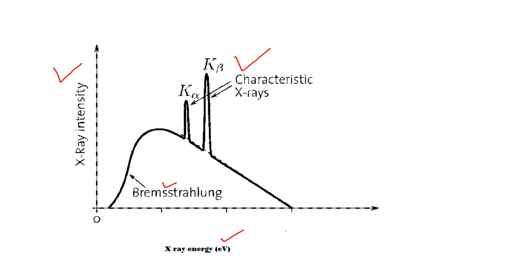For the characteristic X-rays, there will be peaks, that is the K alpha peak, K beta peak, and for the continuous X-rays, there will be a continuous graph. This is our continuous graph, and this is the position of lambda minimum. I discussed this in the last lecture, please refer to that lecture. So this is the graph between X-ray intensity and X-ray energy.